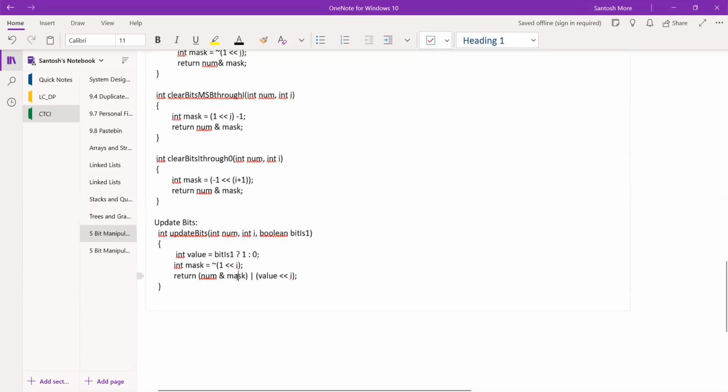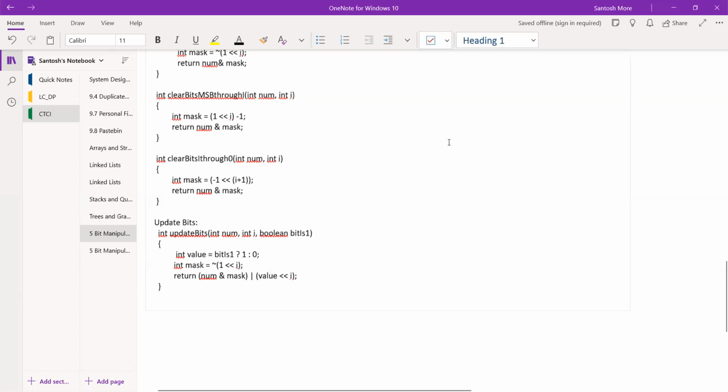We convert the boolean value to an integer, shift that by the particular index, and then we OR it, so we'll be updating a bit. To update a bit, first we have to clear the bit, correct? And then we put whatever the value will be.